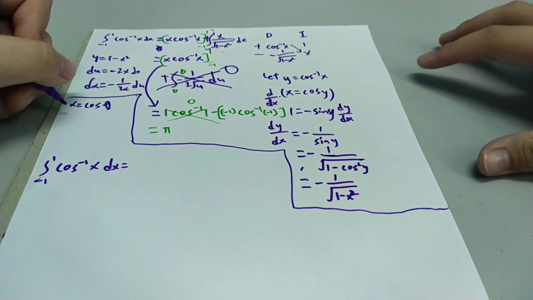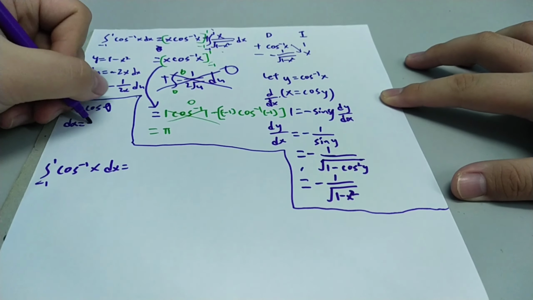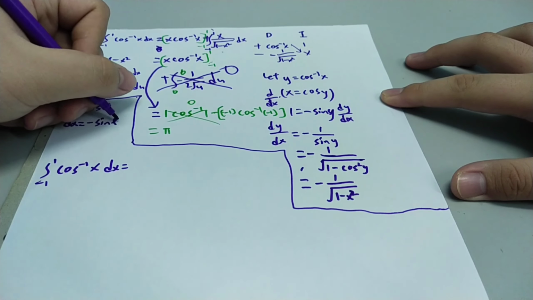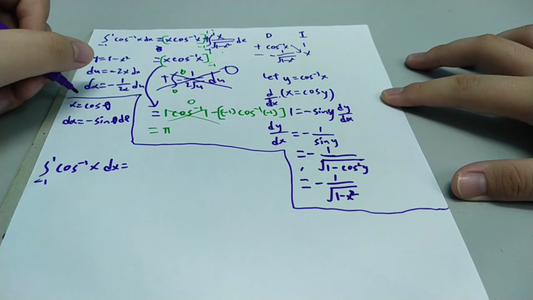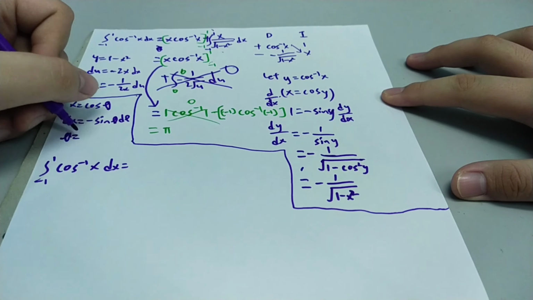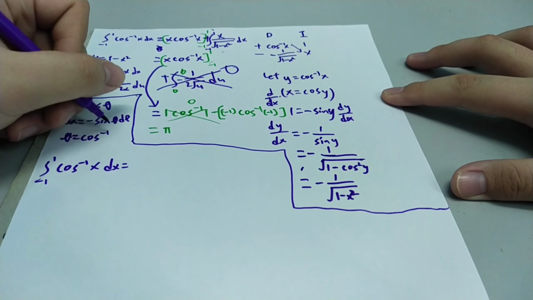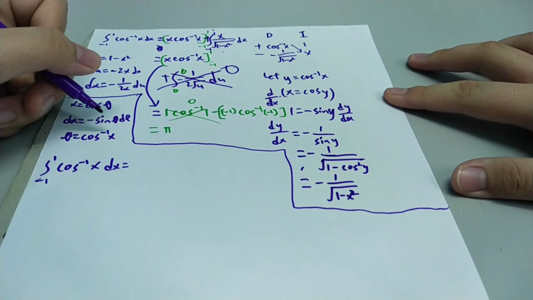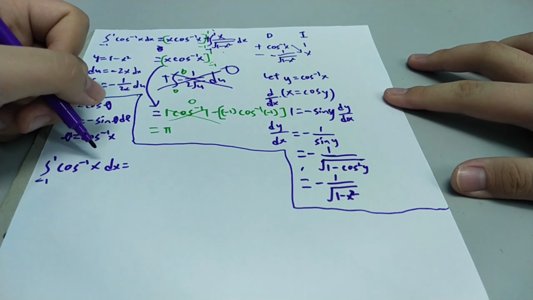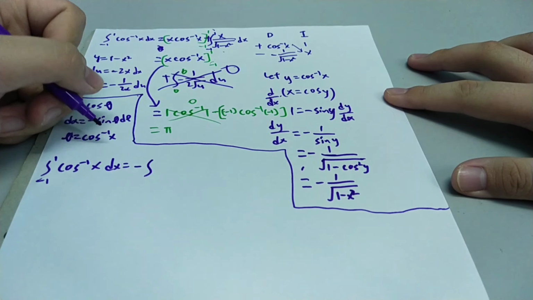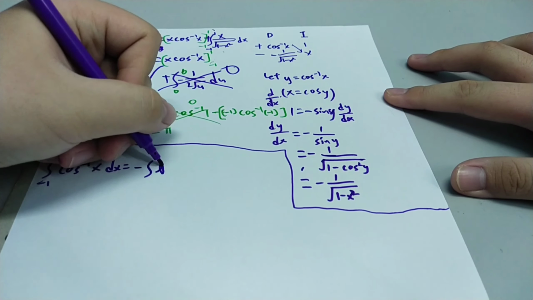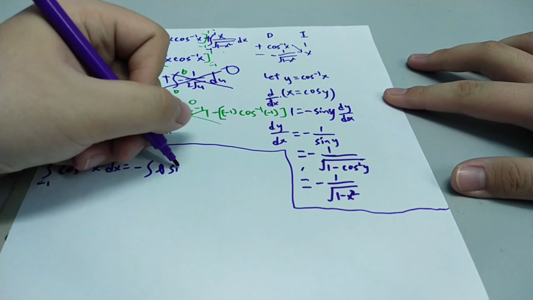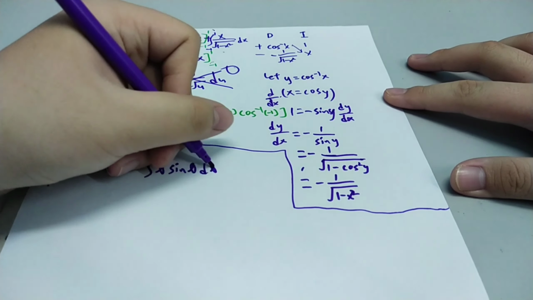So our solution is to apply the substitution x is equal to cosine theta. And then dx is equal to negative sine theta d theta. And then theta is equal to inverse cosine of x. So by using trigonometric substitution, this thing is equal to negative times the integral of theta times sine theta d theta.